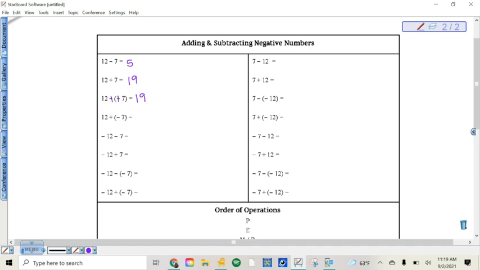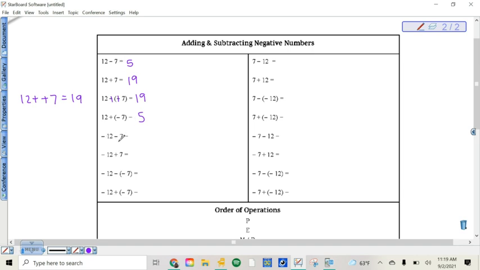That's only if it's in the parentheses. So even if I had 12 minus negative 7, it would still be the same thing. 19. Yeah, good question. What about 12 plus negative 7? 5. Exactly. This and that first one are the same thing. So adding a negative number is the same as subtracting that number.